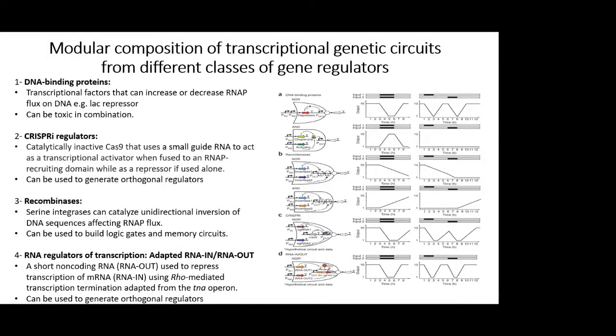Yes, this is one way to control a toxic component. If you have a toxic component in your circuit, you can express it at a low level. But you also need to tune your circuit behavior.